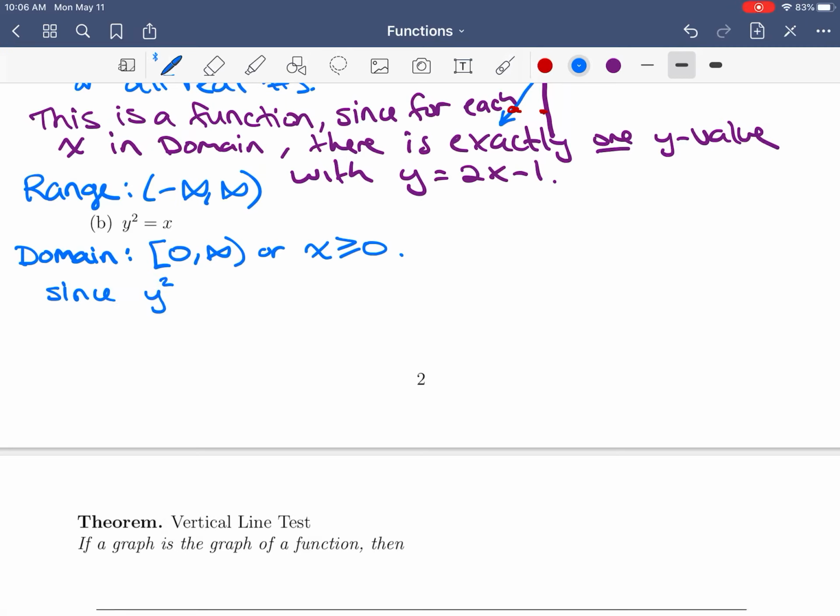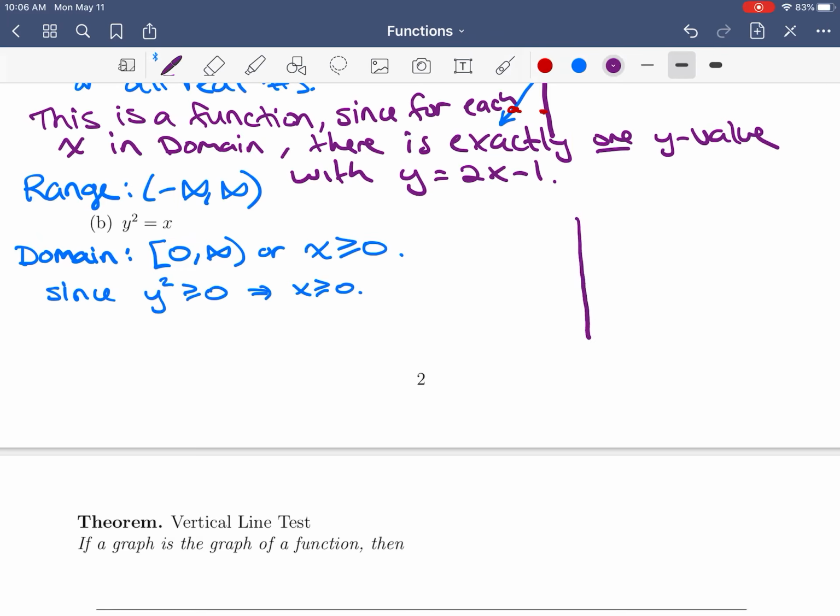This is because when you have the left-hand side of the equation, y squared, this is always a positive or non-negative number. Okay, so if the left side is always positive, that means the right side has to also be positive in order for it to have a solution. Okay, so my x coordinates have to be non-negative.